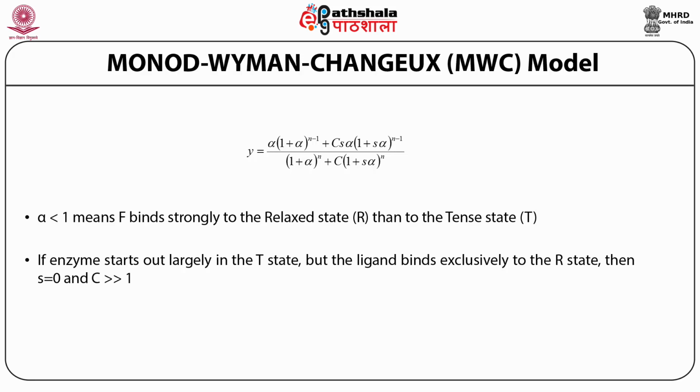C quite greater than 1 means we start largely in the T state, and S equal to 0 means the ligand binds exclusively to the R state. In that case, our equation simply comes out to be Y equal to alpha (1 plus alpha)^(n minus 1) divided by (1 plus alpha)^n plus C.